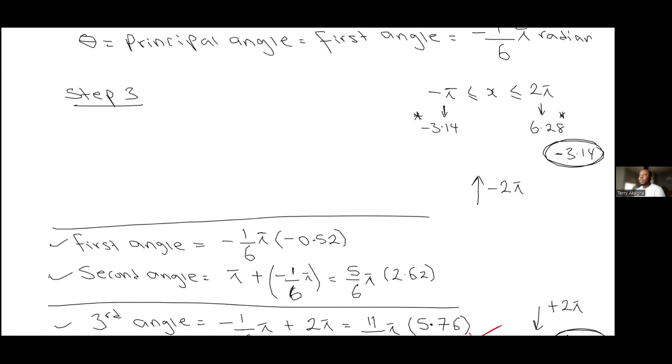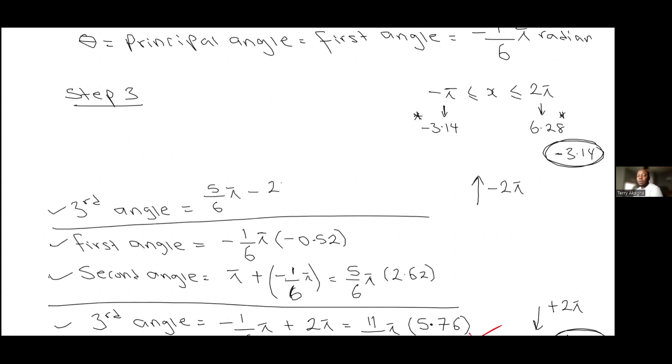All right, let's go to the negative direction now. Now, in the negative direction, we need to get the third angle. So for the third angle, we have to now be subtracting what? 2 pi. So we're going to have 5 over 6 pi minus 2 pi. All right?